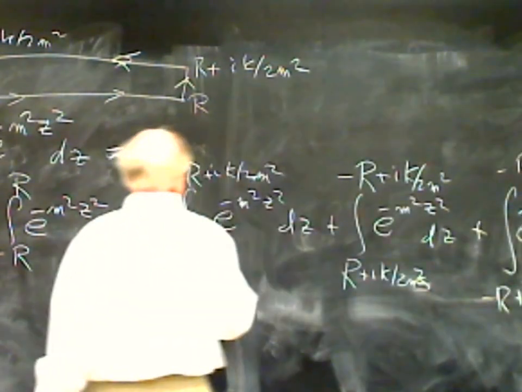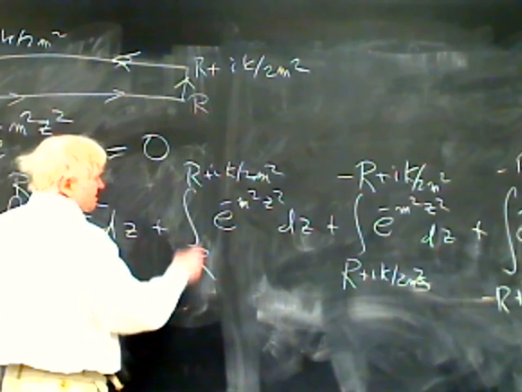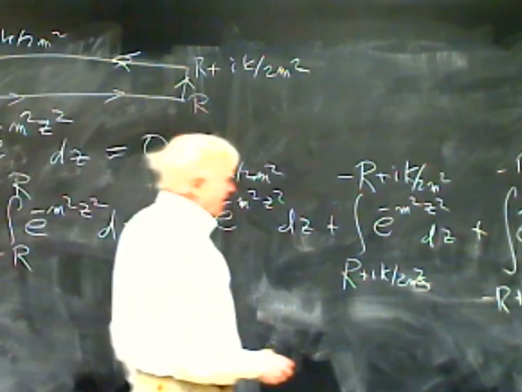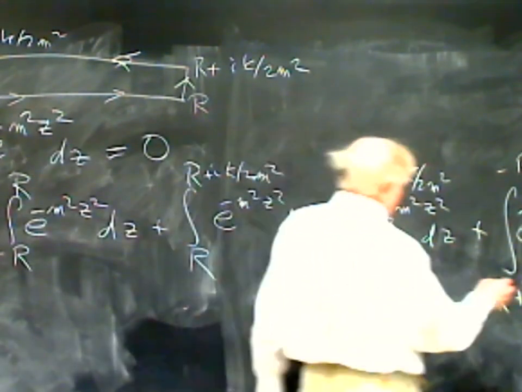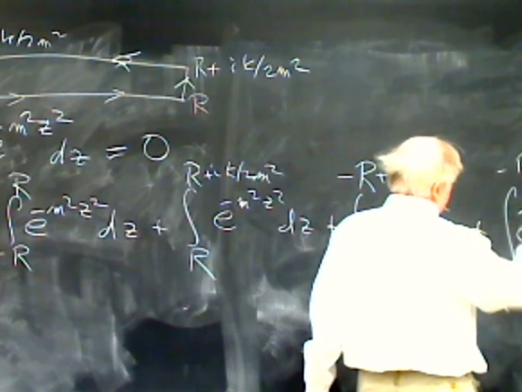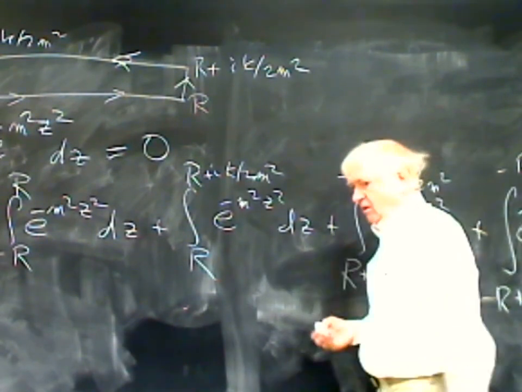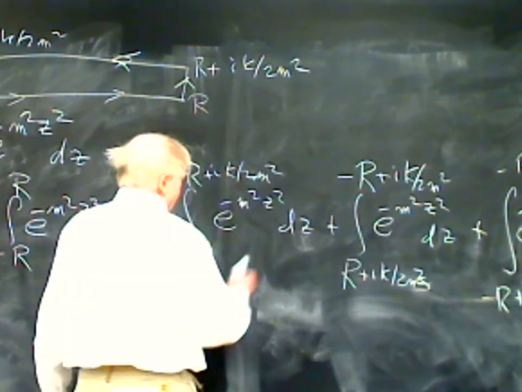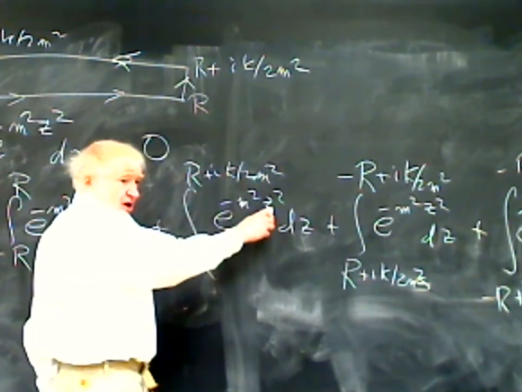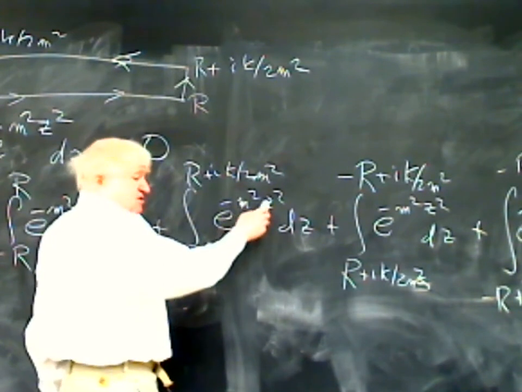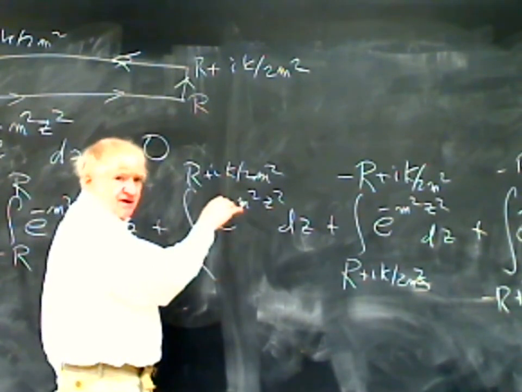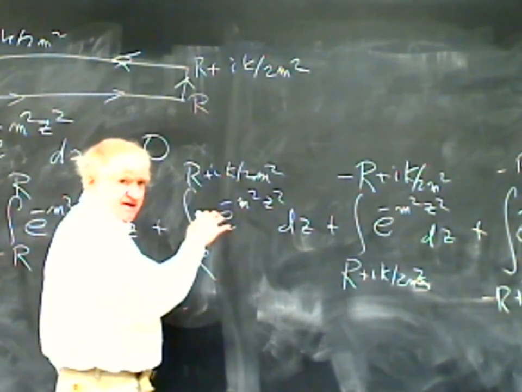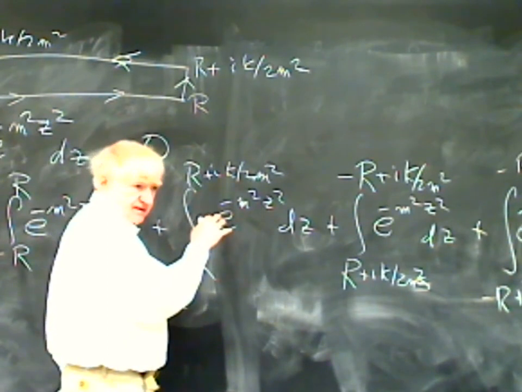Okay, these integrals from r to r plus ik and from minus r plus ik something to minus r, those are both 0. The reason they're 0 is that the real part of z is equal to r, so this is e to the minus m squared r squared, apart from a couple of factors that aren't important.